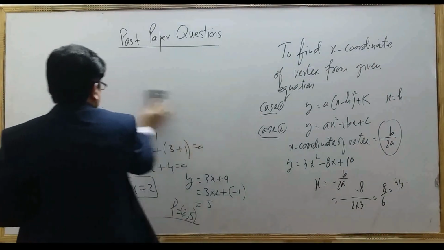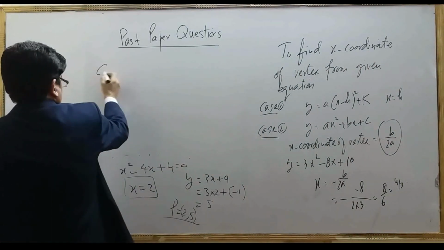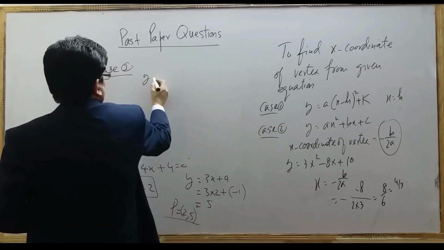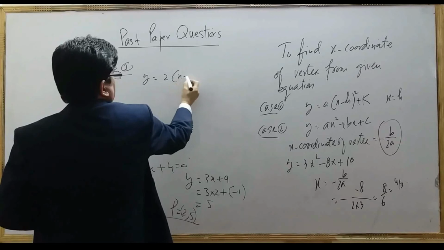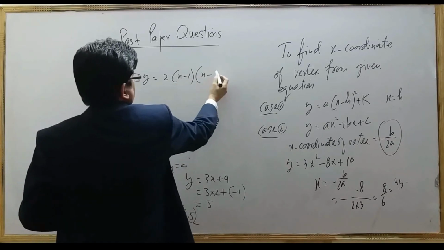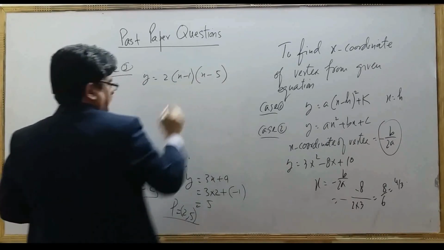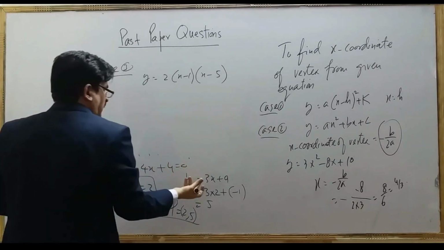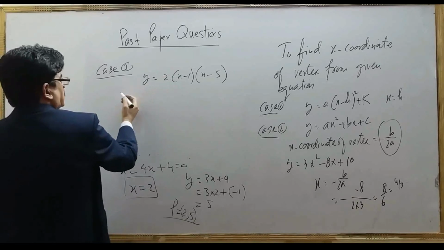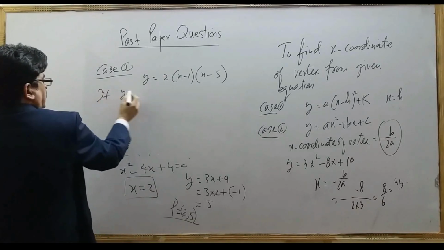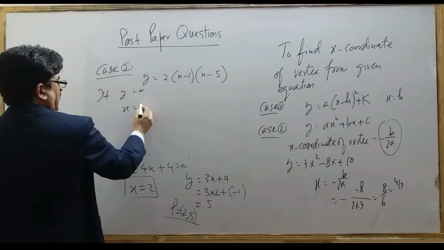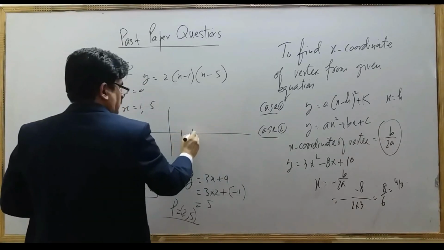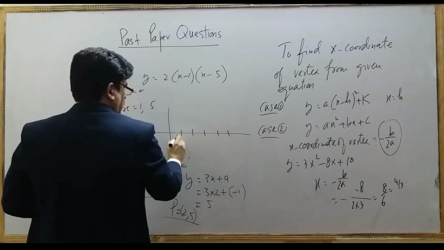Now we have the last point, case 3. Very important point. When you have a quadratic curve, for example in factorized form, or you are able to factorize it, how will you find the x coordinate and also the y coordinate of the vertex? See that if we put y equal to 0, from here you will have x equal to 1 and 5.